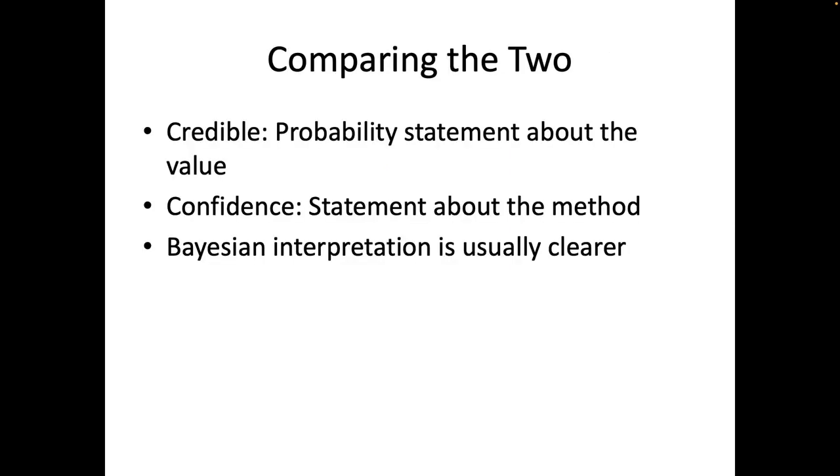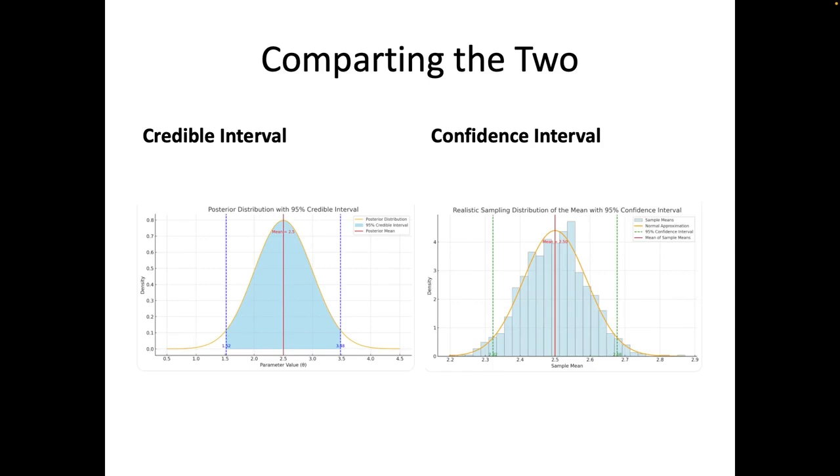So let's compare them directly. With the credible interval, we're assigning a probability that the parameter falls in a certain range, whereas with the confidence interval, we're talking about the method, and the method gives good coverage over repeated trials, but no direct probability for the value itself. So Bayesian intervals are usually more intuitive, especially when explaining results to others. Now let's compare them side by side.